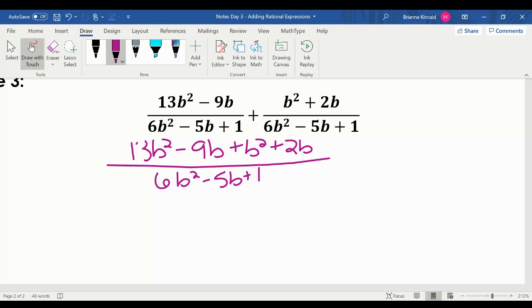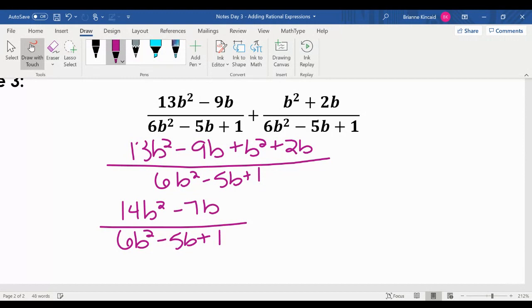Combining the like terms, I'm going to get 14b squared minus 7b over 6b squared minus 5b plus 1.